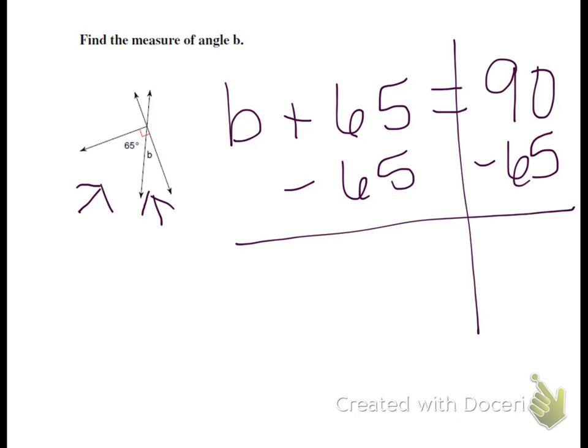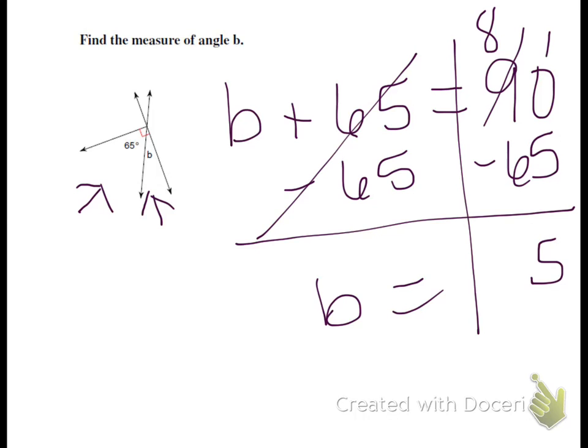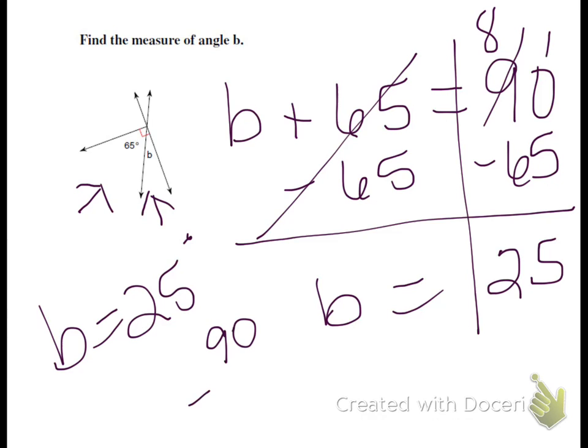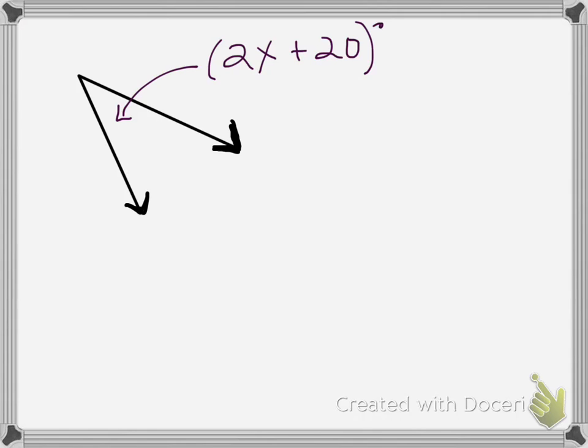And I can see that B equals 25 degrees. Now you could have just said 90 minus 65 and you get the same answer just like we did right here. Alright, these examples you need to draw on your piece of paper.